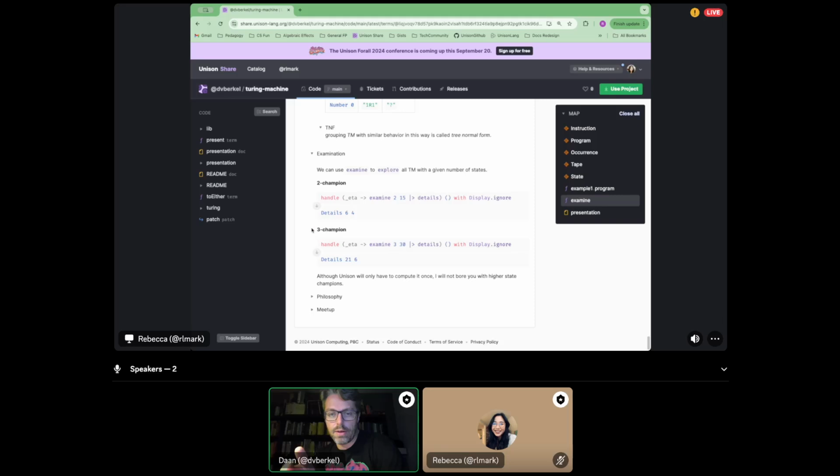The details basically say if you will examine a two-state Turing machine and have a maximum of 15 steps, then the current champion in the number of steps is 6, and you can write at most 4 ones on the tape. And for a 3-state Turing machine, you will at most take 21 steps, and you write 6 ones, which are the correct values.